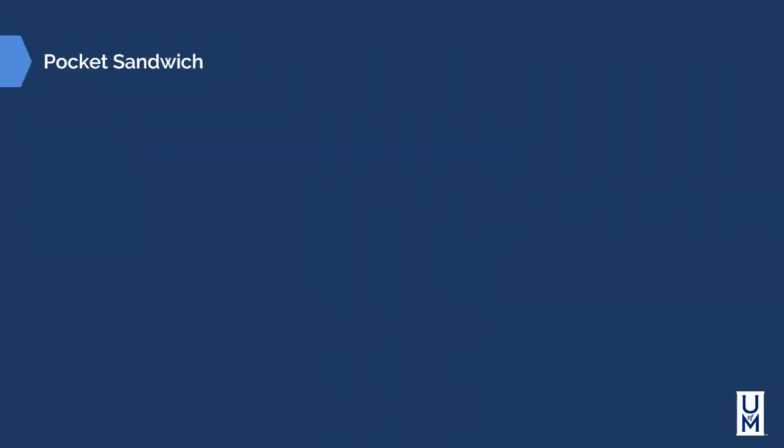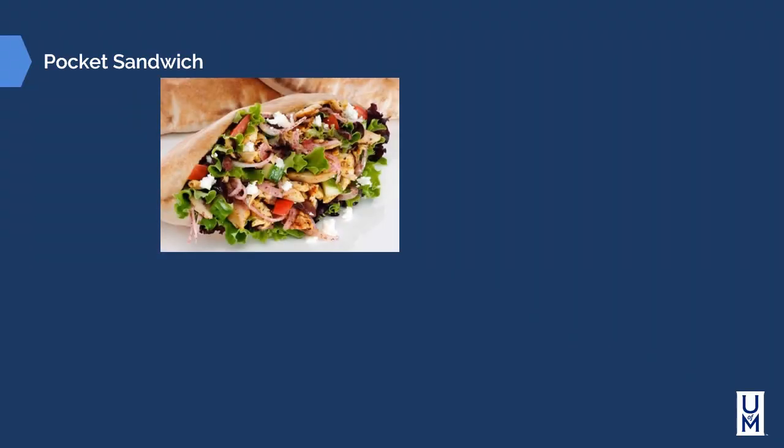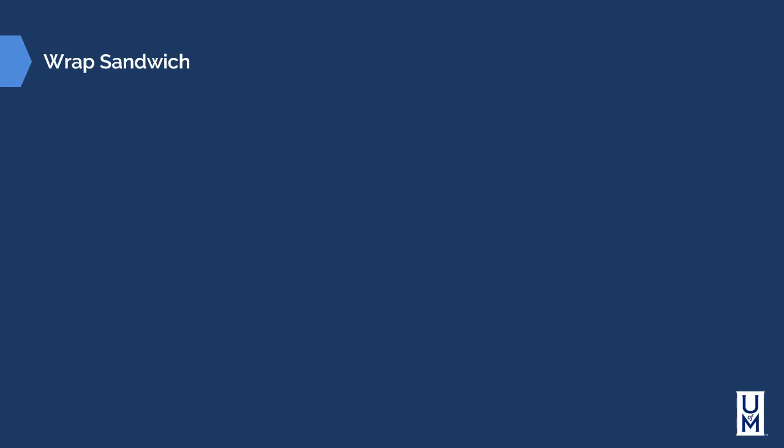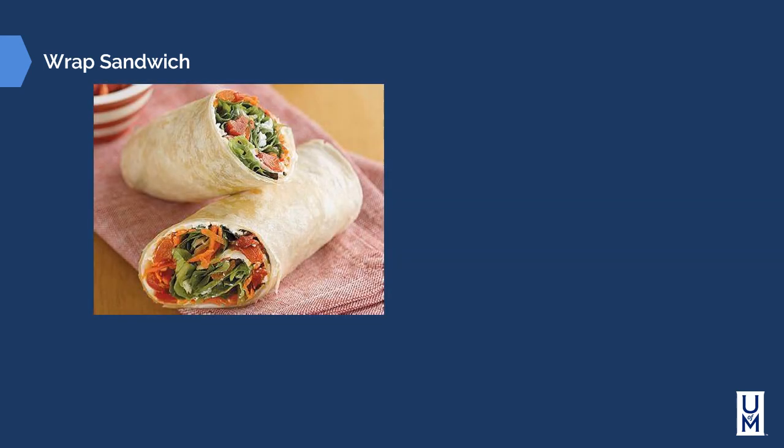Pocket sandwiches are sandwiches made with yeasted flatbreads that are fabricated and baked in a way that gives them a hollow center, such as this pita or this chicken salad pita. A wrap is a thin, pliable flatbread, and it can be rolled in or around any filling and internal garnishes to make wrap sandwiches.